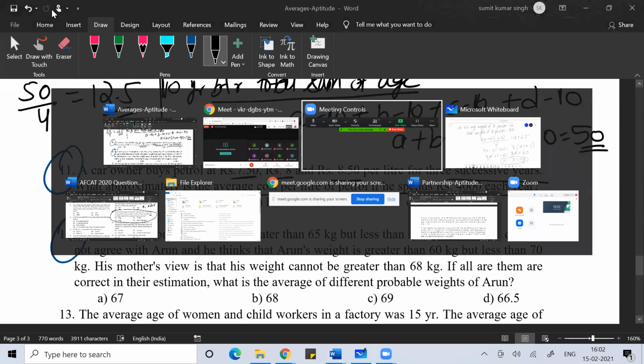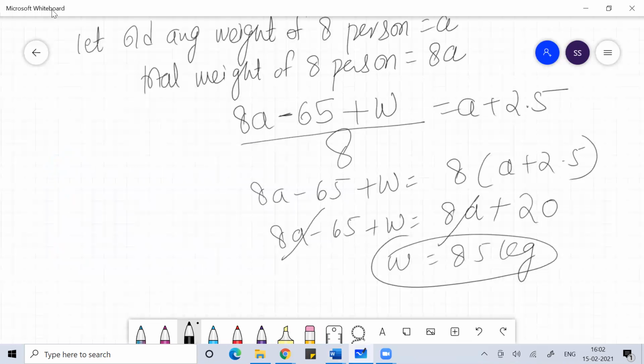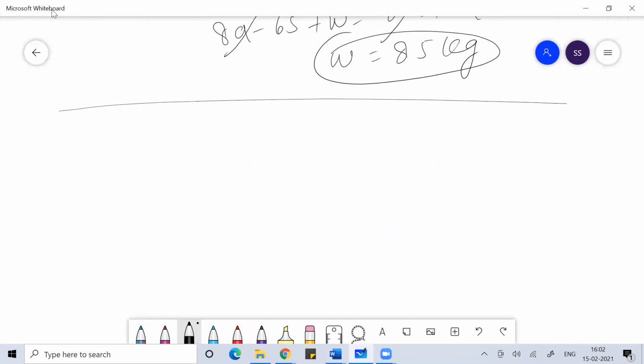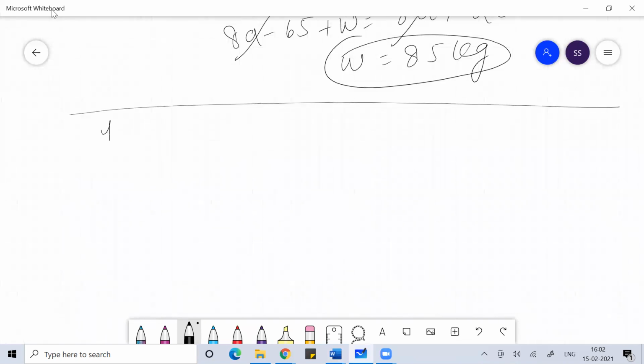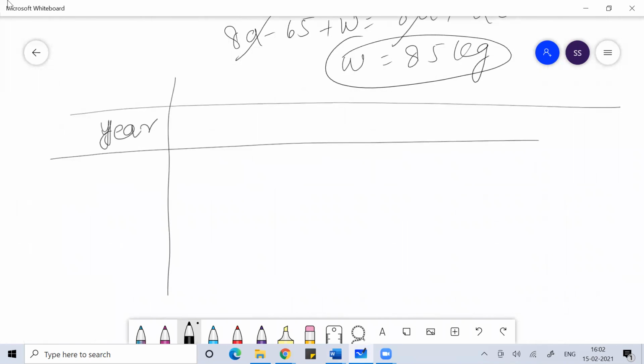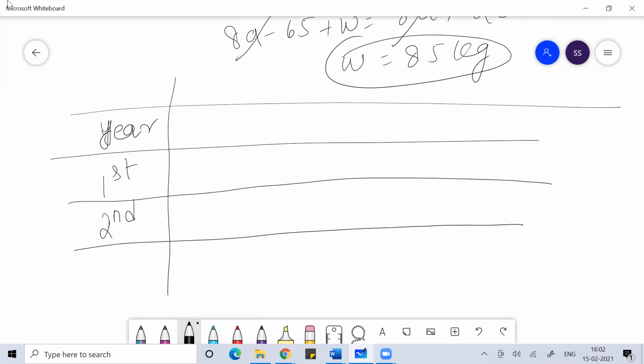So every year this person bought petrol. You can write first year, then you have second year, and then you have third year.